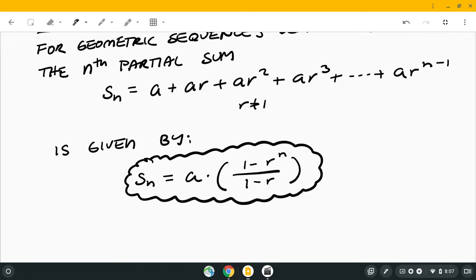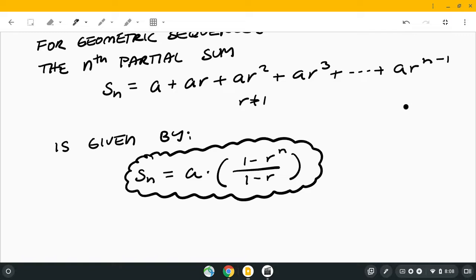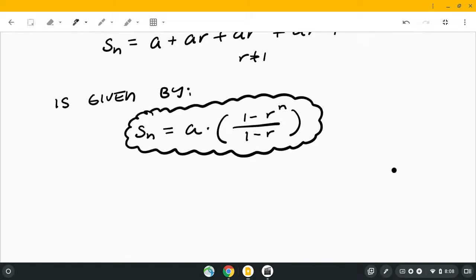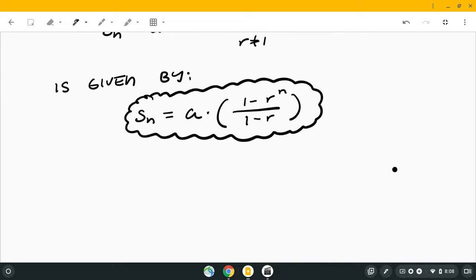If they ask you to find the sum of the first 100 terms, use this formula. Don't write down all 100 terms and try to add them on a calculator. Here n is 100. Make sure you know your first term, and make sure you know your common ratio. All right, let's take a look at an example.